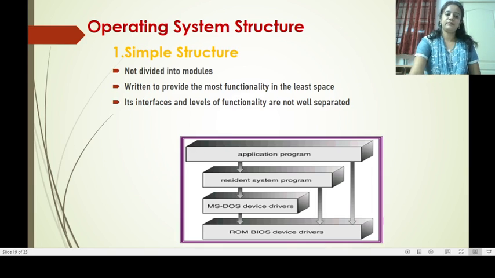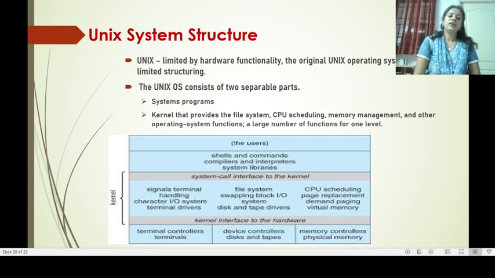Unix system structure is also known as a layered structure of the operating system. It is provided with system programs and the kernel. The kernel acts as the operating system and as a resource manager, and it manages the file system, CPU scheduling, memory management and other operating system functions.